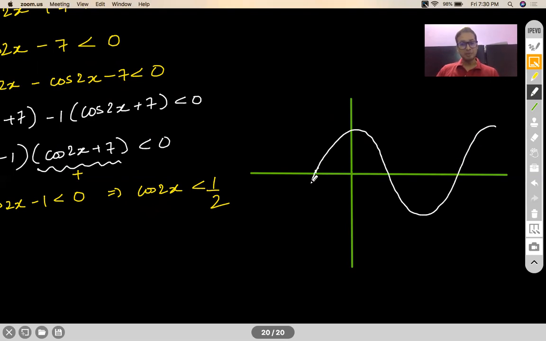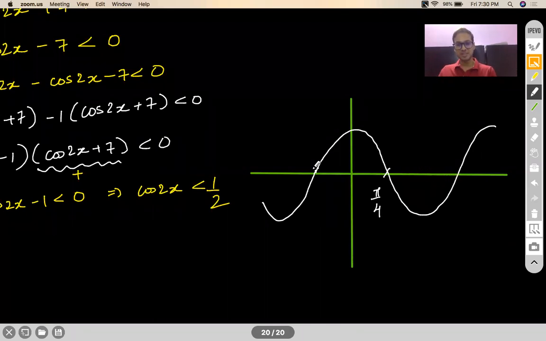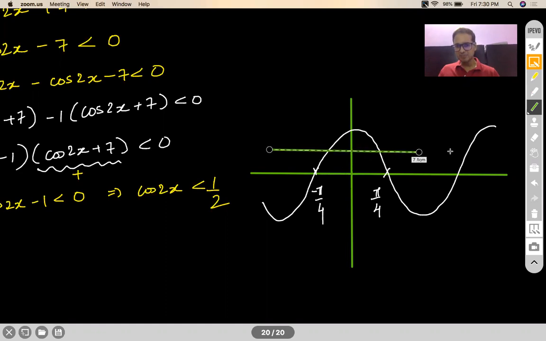Okay, now remember, cos 2x graph you are plotting, not the graph of cos x. So this is going to be pi by 4. Okay, this is going to be minus pi by 4. Getting the point here, right? So now your graph has to be below the line y equal to half.